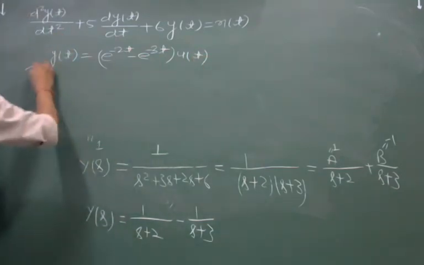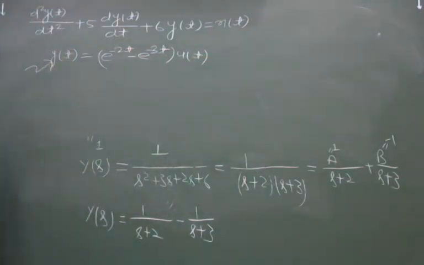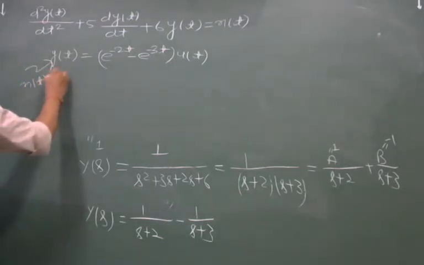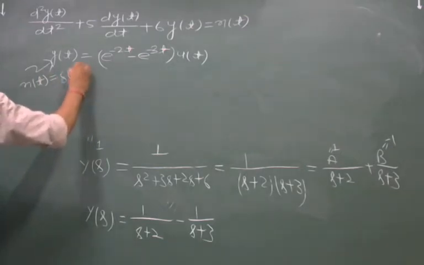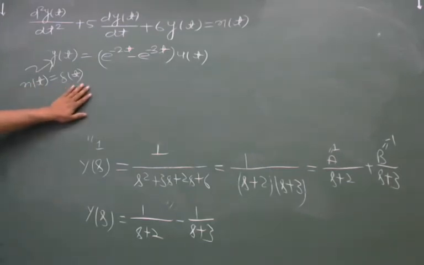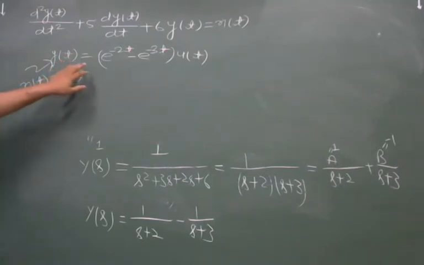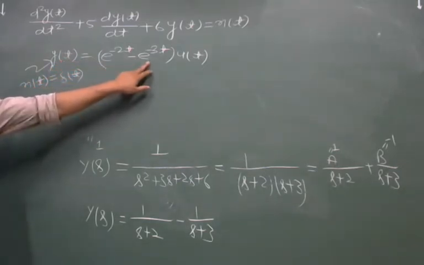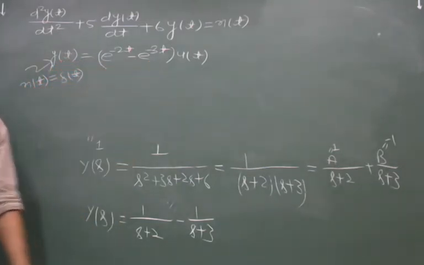This is the response of the system described by this differential equation when the input given to the system is an impulse function δ(t). If we give the input to the system as an impulse function δ(t), then the output of this system will be like this: (e^(-2t) - e^(-3t)) u(t).